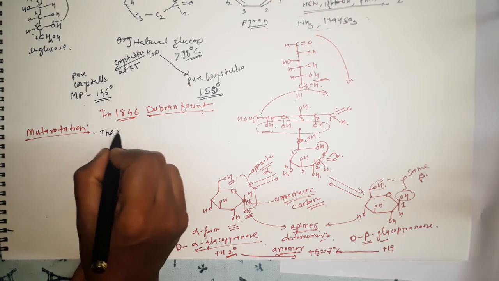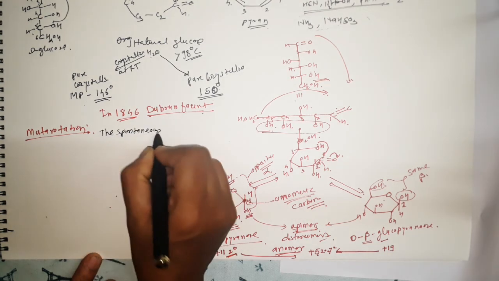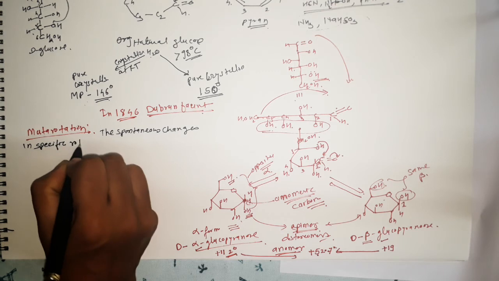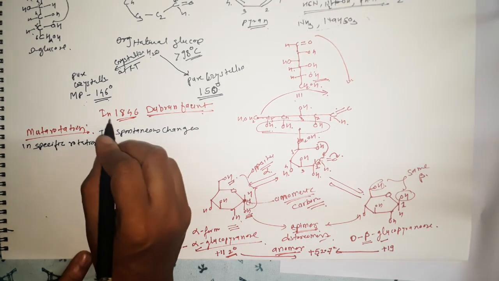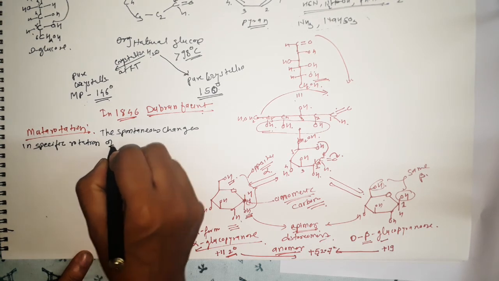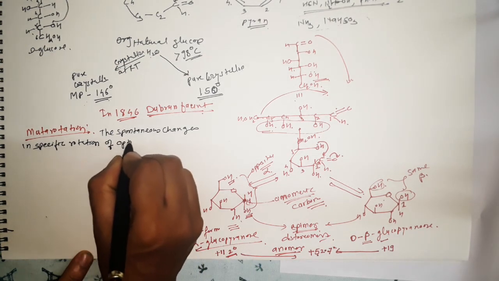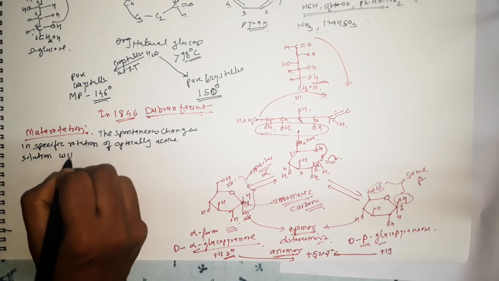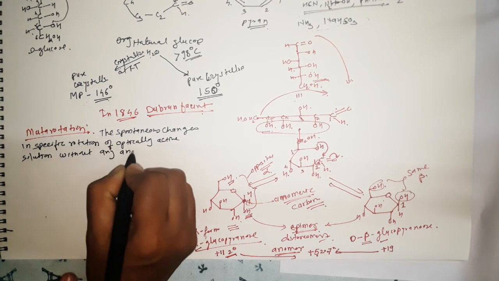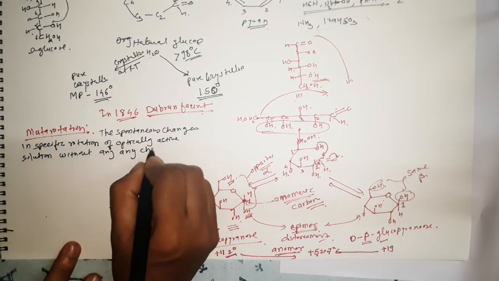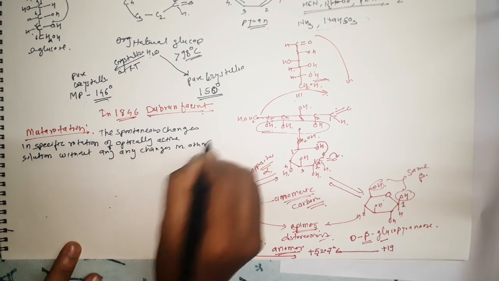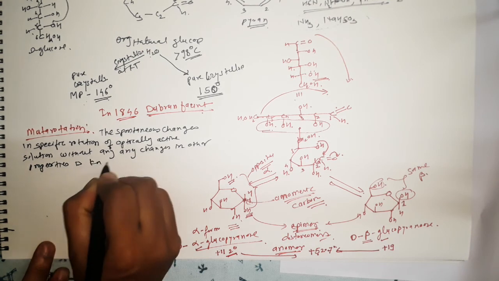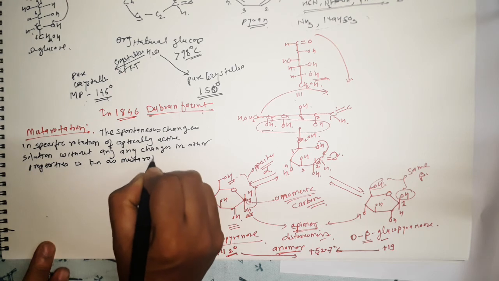Mutarotation is the spontaneous change in specific rotation of an optically active solution without any change in other properties. That is known as mutarotation.